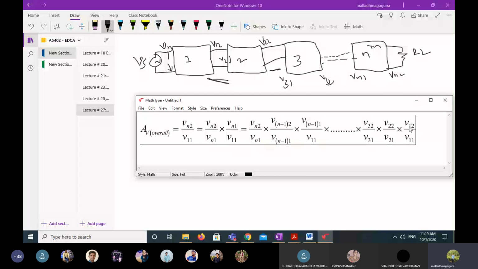Why? Because V12 is the output of the first stage and V21 is the input of the second stage. Both are the same, so they get cancelled. V22 and V31 are both the same, because this is the output of the second stage and the input of the third stage. Both are the same. Cancel.